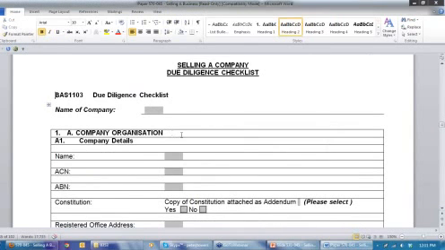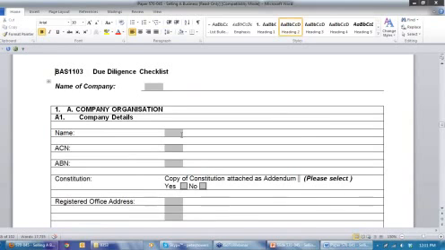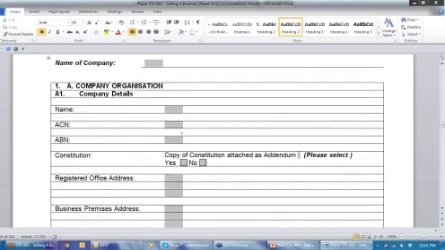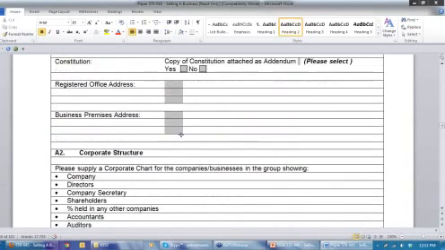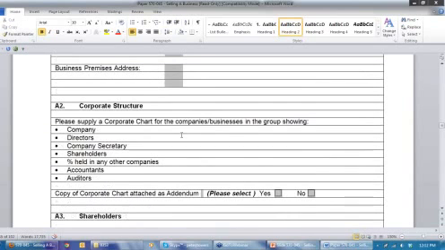If you're selling shares in a company, we think it's a good idea that you undertake a due diligence checklist first. So we've got a very detailed company due diligence list. Because if you're like me, most accountants get a bit nervous about one of your clients buying shares in a company.